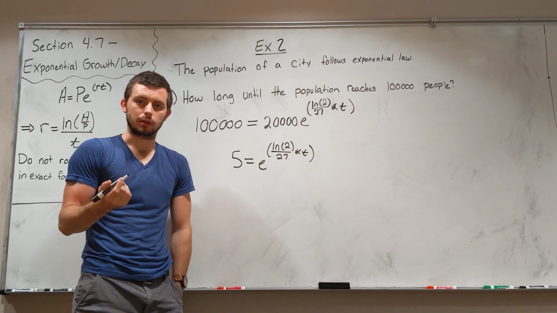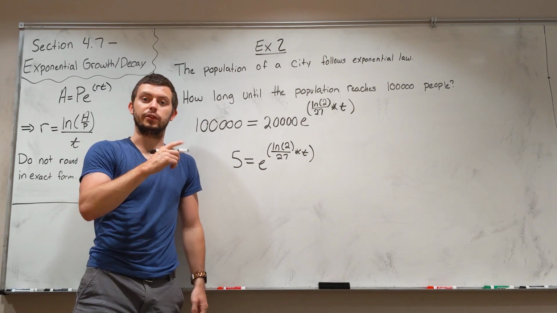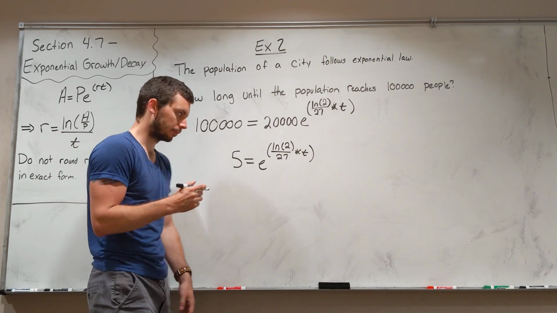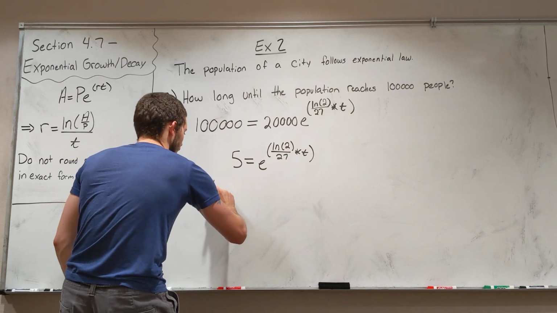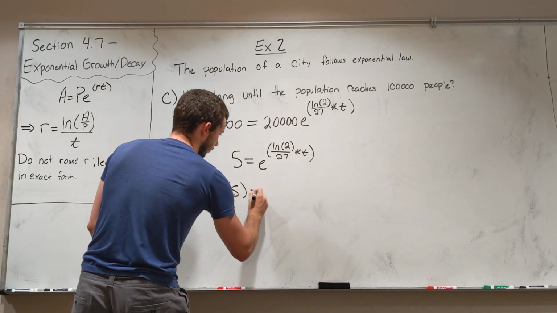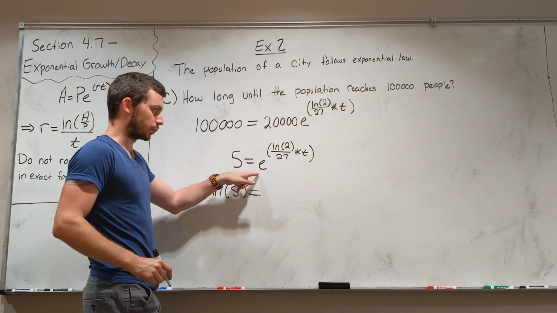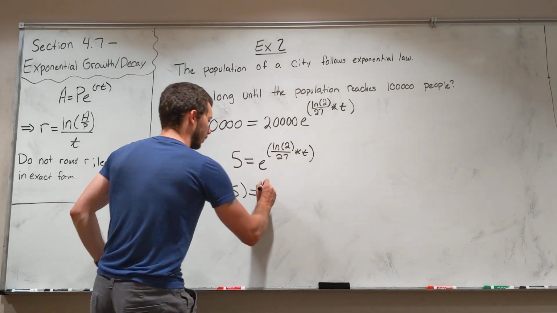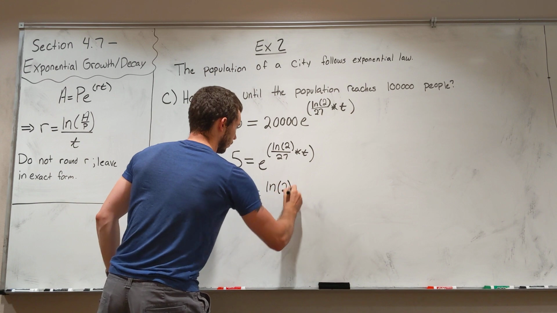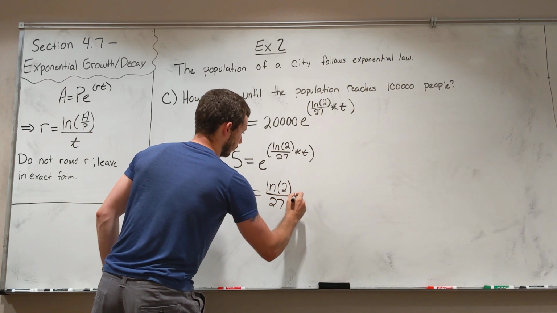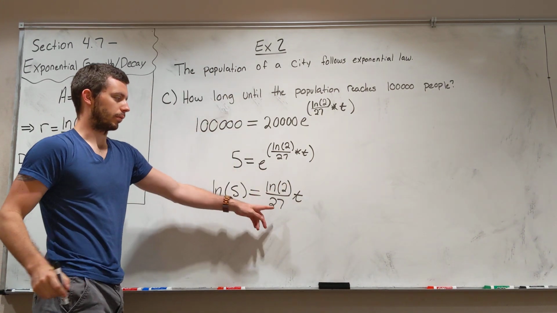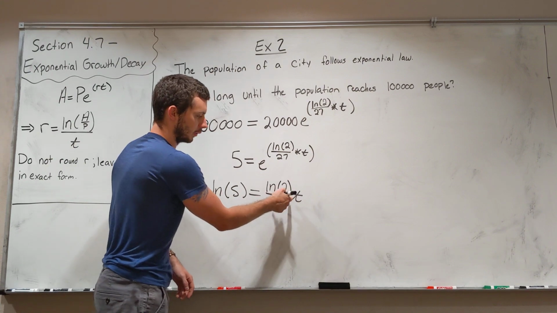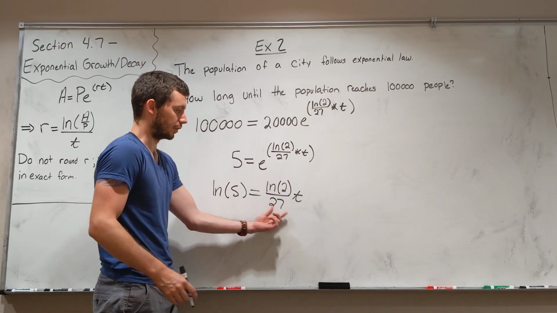And again, just like the last problem, we apply the natural log to both sides, which once we apply the natural log to the right-hand side, the natural log and the e cancel. And we get this, or you can put in a multiplication sign in between the number and the t if you'd like.